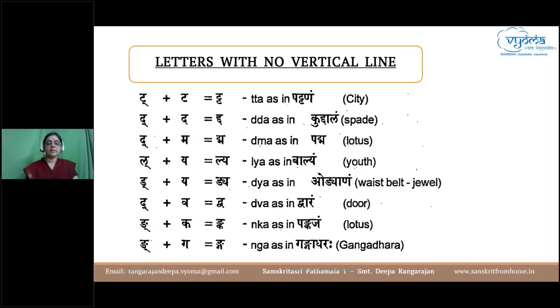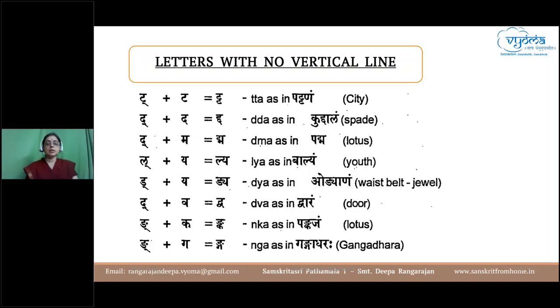Nga plus ka, nka, as in pankajam, lotus. Okay, this is ngakara. It is like ka, but it has a nasal sound. So nga. Can you pronounce that? Nga. It's not nya, because nya is the chavarga anunasika varna.